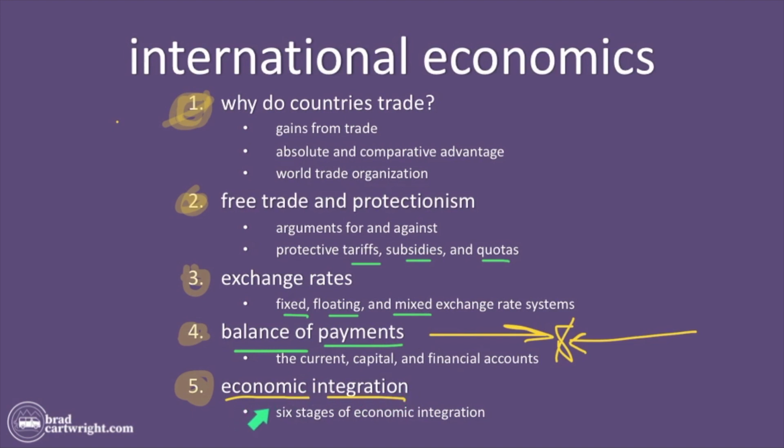If you want to imagine a picture, just one last little thought here, imagine a picture of what economic integration would look like in its fullest form, a fully integrated economic system between countries. Just picture the United States, which is made up of 50 different states.